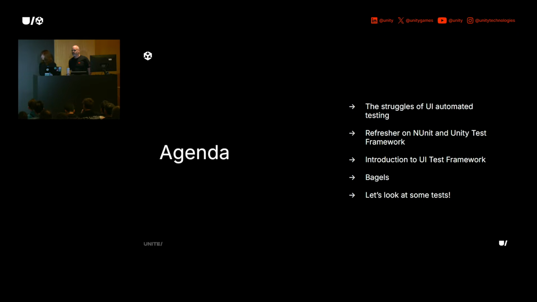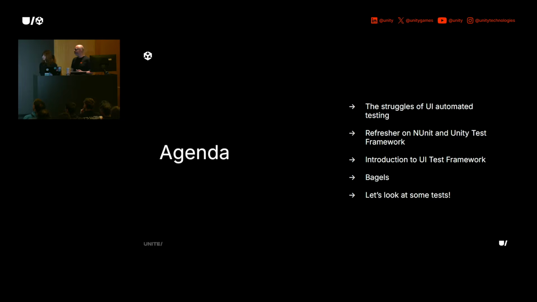So let's see what we're planning for you today. We'll start by giving you a rundown of the difficulties around UI automated testing. Since there are a few different testing frameworks that exist already, we'll do a quick refresher of what those frameworks are and how they differ from the UI test framework.